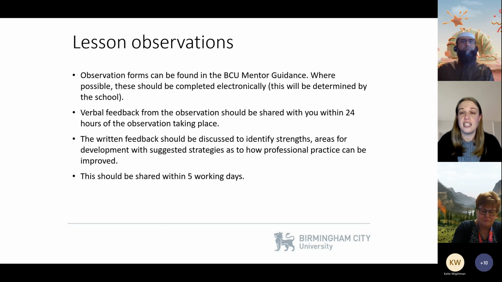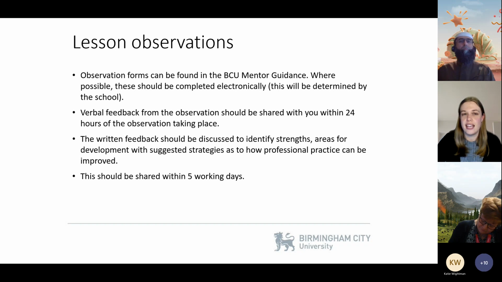We've also asked associate teachers to share this with you, and UTs will be able to share this with you as well. Verbal feedback should be given as soon as possible, within 24 hours, and then written feedback shared within 5 working days, and associate teachers will save all of this in their online file so that everybody can access it.